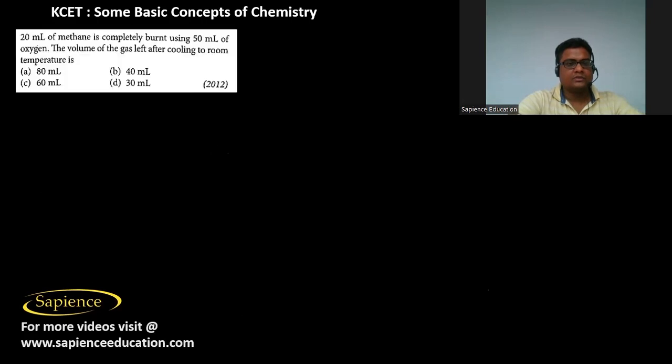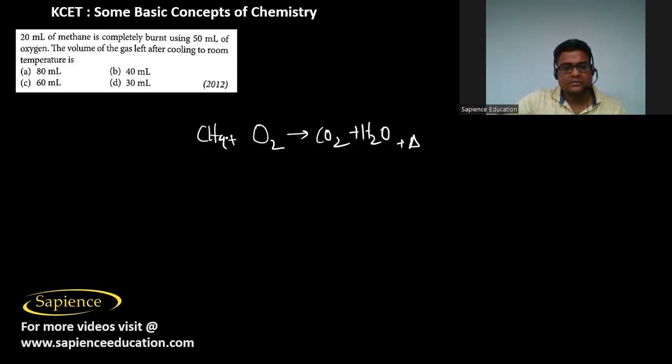Then here it is told that 20 ml of methane is completely burnt using 50 ml of oxygen. So it will react with oxygen to give CO2 plus H2O plus some heat. It will give one CO2 and 2 H2O, and the number of oxygens will be 2.